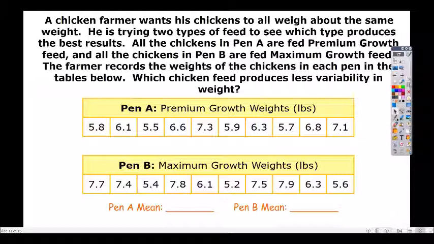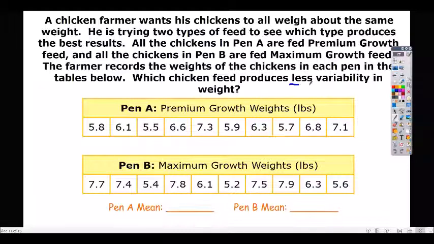When I see a word like less variability, all that's really saying is which one's changing less. When we think back to the word variable, we think of X, and we always talked about X in terms of equations being the thing that changes. So in this case, we want to know which one changes the least because it's more predictable.